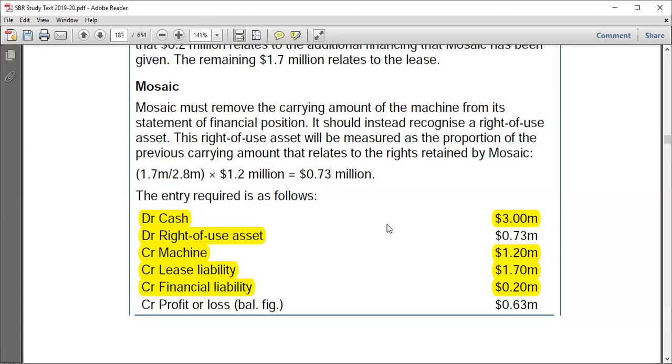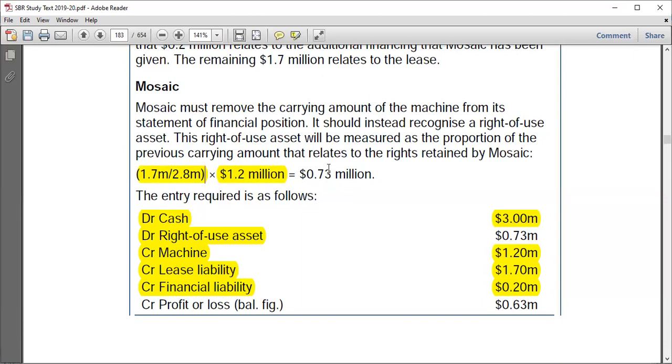We said that to obtain the value of the right of use asset, you go to the initial carrying amount and find the proportion of rights which you have retained. How do you obtain that proportion? You take the lease liability and divide by the sales value at fair value. The lease liability initially looked like 1.9, but we know it's 1.7, and the fair value of the sale was 2.8.